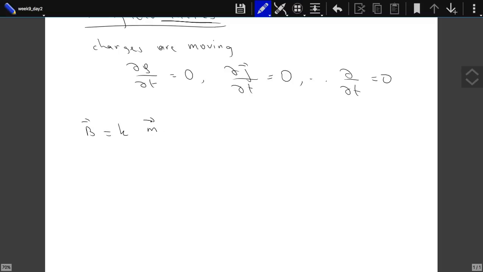And let's call the magnetic dipole moment, just like the electric dipole moment, m. So the field will be k times (3(m dot r hat) r hat minus m) over r squared.